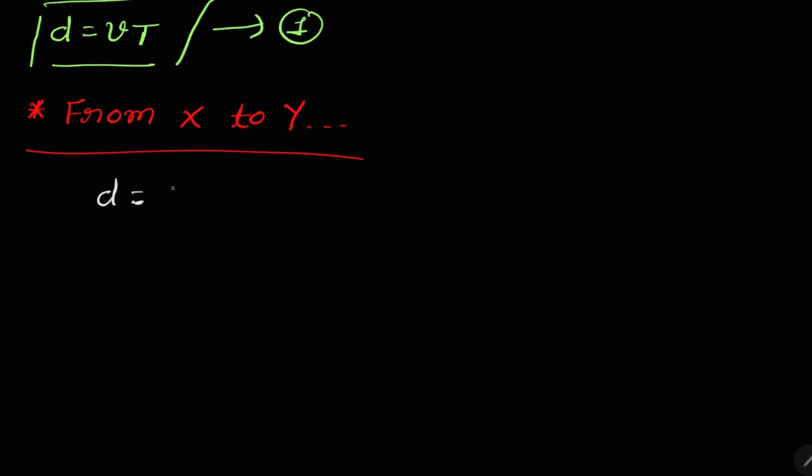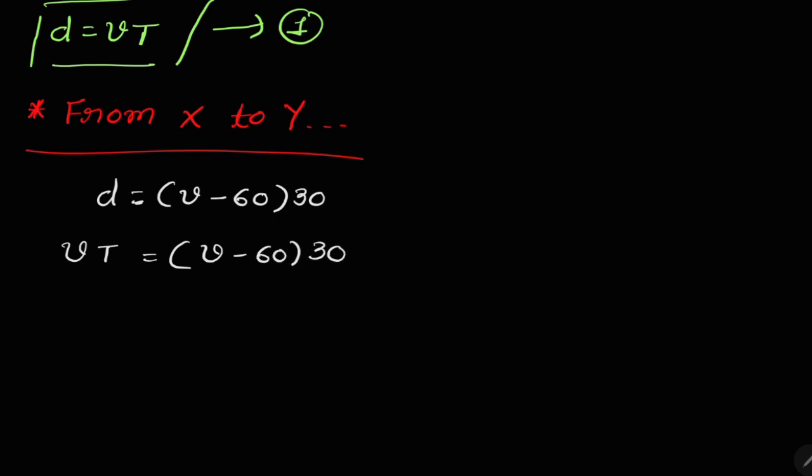In this case, v means speed of the bus, minus 60, the speed of the scooty, in the time interval 30 minutes. In this time interval I will compare with 1, so I may write d is equal to v minus 60, because it is the case of relative motion and in the same direction we subtract the speed. So vt is equal to (v minus 60) into 30.